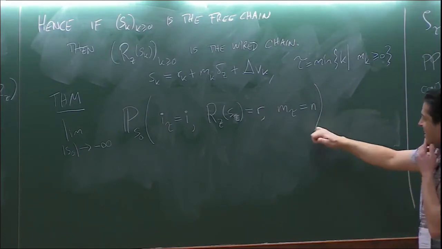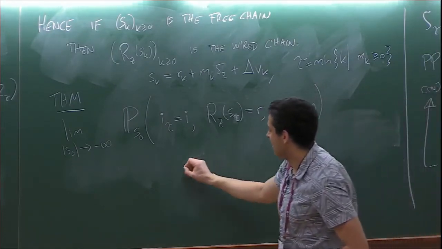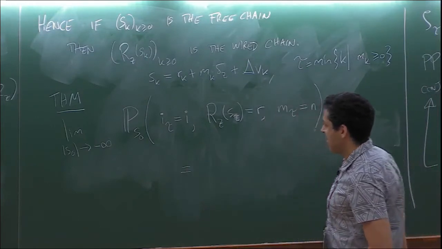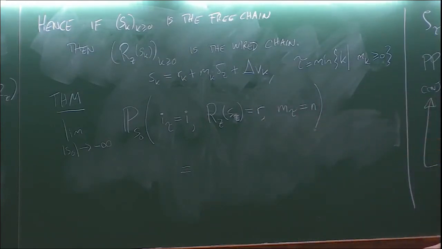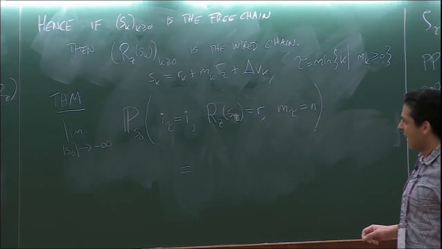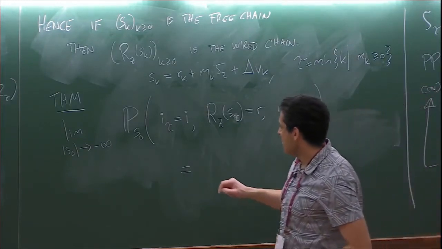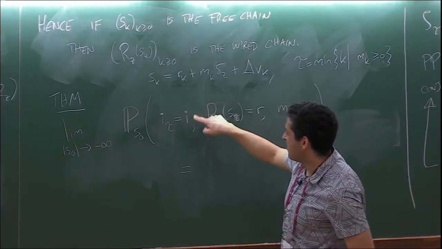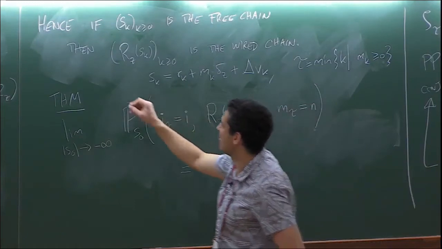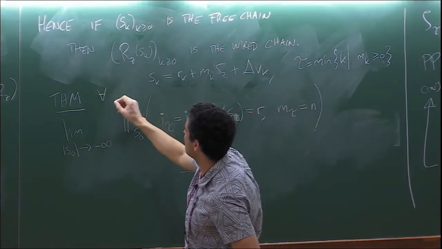And here's what it's going to equal in the limit. So first, we're going to take a uniform distribution over the i's. So, okay, what are the quantifiers here?